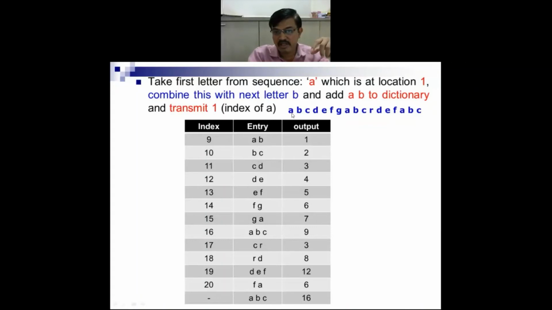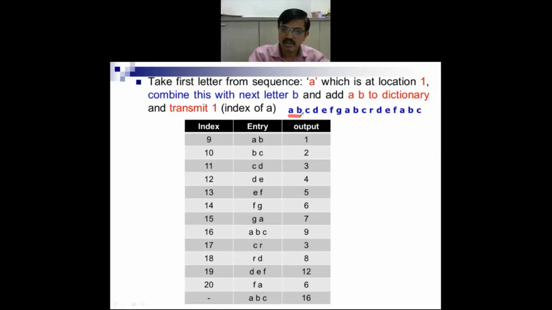Now, once I have taken AB, a little change in LZW is that I have to start from where I ended, which was my innovative bit earlier. This was not the case for LZ77 and LZ78. You can consider A was my first sequence, which is already in my dictionary.